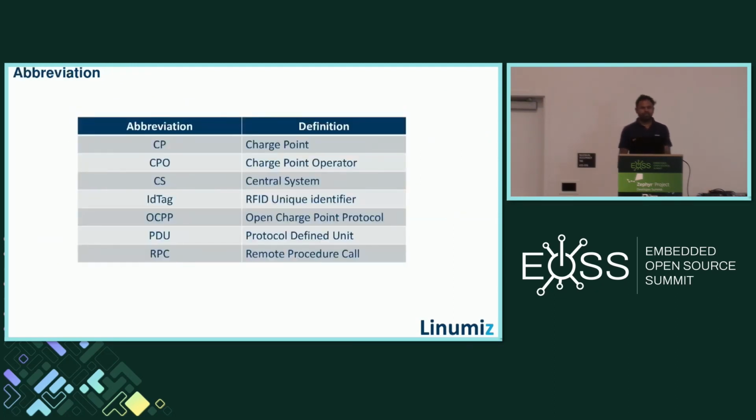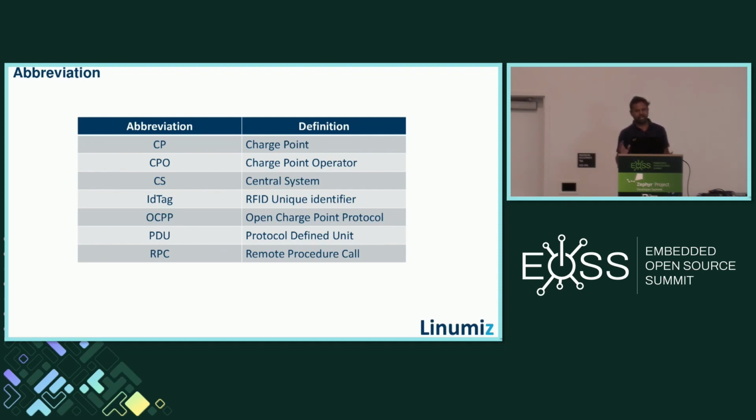Okay. If you are new to electric vehicle supply equipment and charging, these are the abbreviations we will use in the following slides, so it would be helpful to go through them. CP means charge point, and CPO is the charge point operator, who handles the maintenance of the central system database.